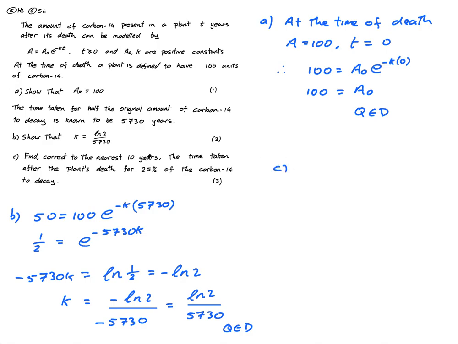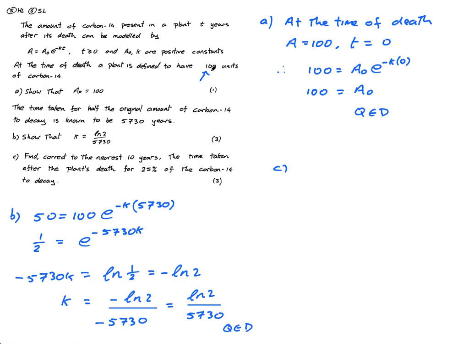He says, find correct to the nearest 10 years the time taken after the plant's death for 25% of the carbon-14 to decay. Okay, be careful. He says 25% to decay. What's 25% of 100? Well, obviously 25.